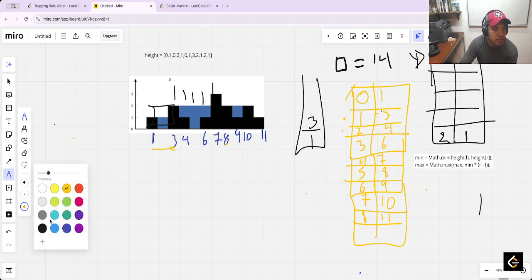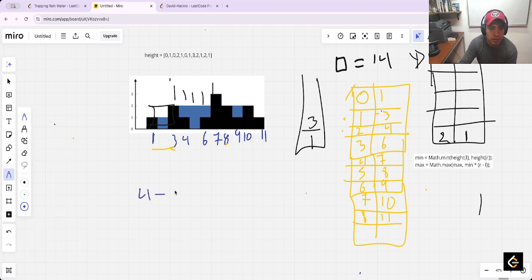What is the minimum between the 4 and 3? The minimum is 3.